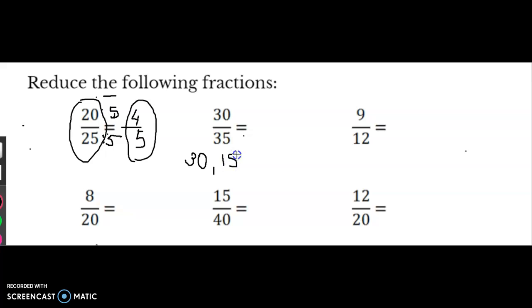30 divided by 3, we cannot divide by 3, so we cannot divide it by 4. We'll go by 5. Divided by 5 is 6. Divided by 6 is 5.